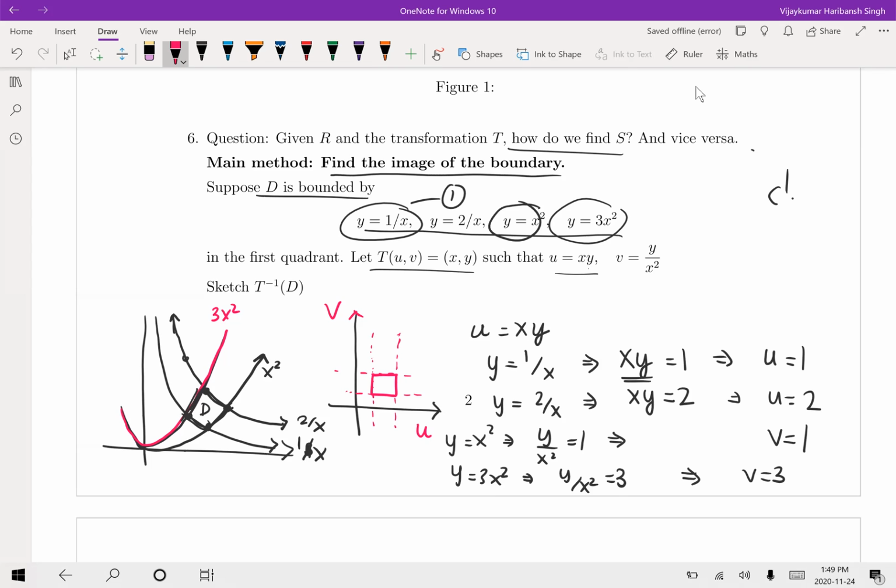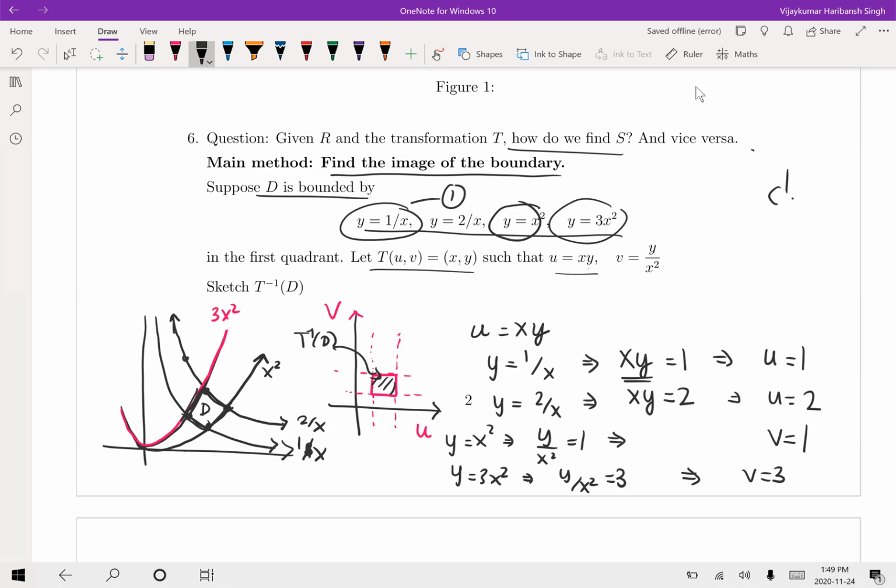And this region is T inverse of D. You see now your region D has transformed into a nice rectangle.